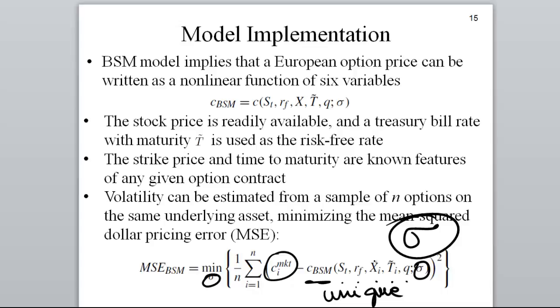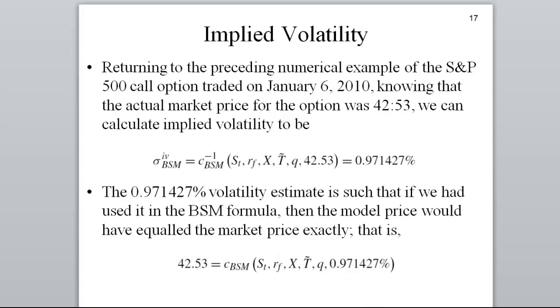That means, because here what is going to change is that X is going to be different. So there's going to be a range of X's. So this would be a quick example where we say, look, the call price is equal to 42.53. We take all the inputs and then we retrieve back this implied volatility.